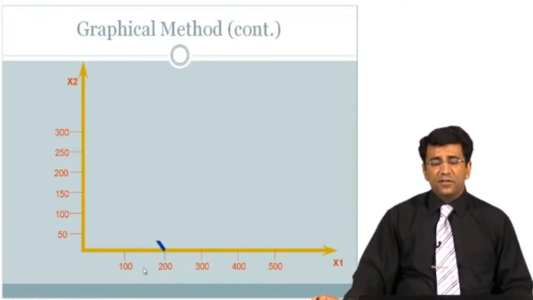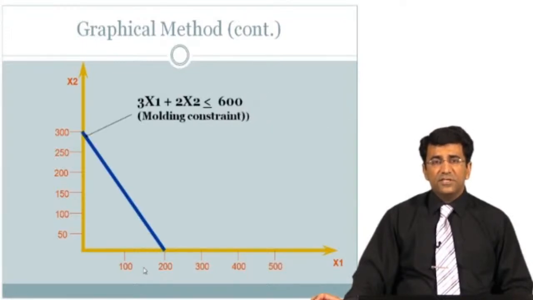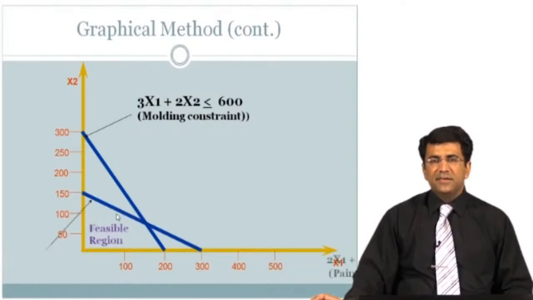First of all we will draw the first line. So this is our first line equation, that is 3x1 plus 2x2 less than or equal to 600. Because we are interested in the constraint of less than or equal to, our feasible region will be less than of this line. If we consider only this particular line, our feasible region will be this one, that is the less than region of that particular line.